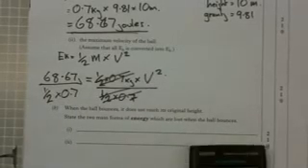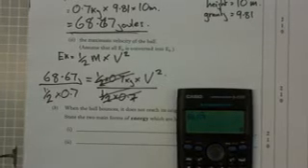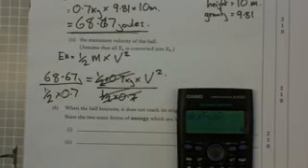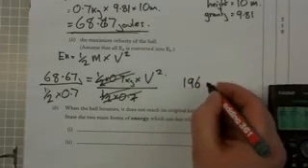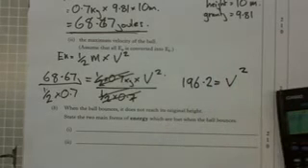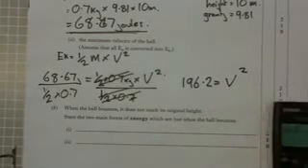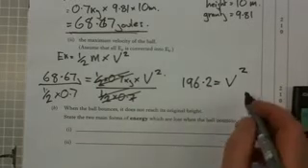Let's do a little calculation on that now. 68.67 divided by 0.35 equals, and I get an answer of 196.2. But that is equal to the velocity squared. Now if we want to find velocity on its own, we need to take the square root of 196.